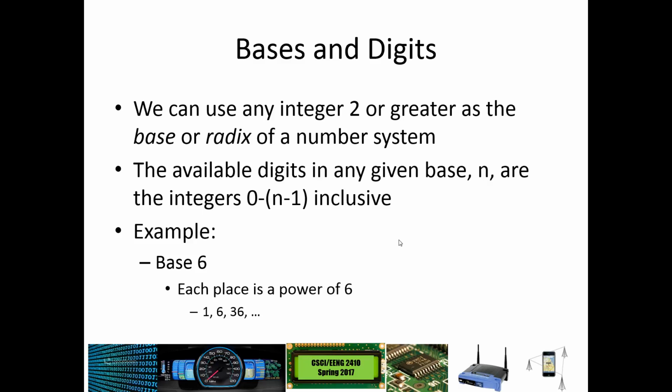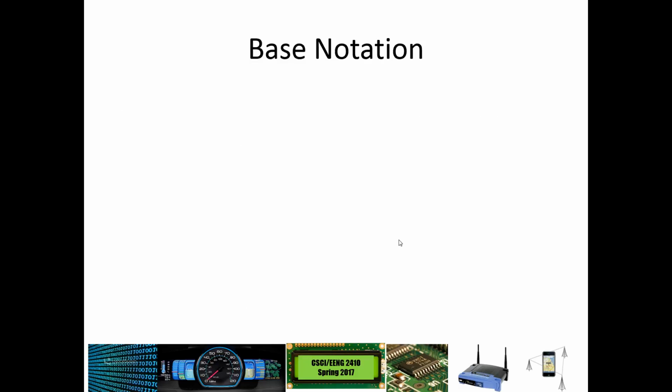So if we were operating in base 6, our first place to the left of the radix point would be our 6 to the 0 power, or our ones place. Then we would have our 6 to the 1, or 6's place, and 6 to the 2, 36's place, etc. And our digits that we could use, 0 through n minus 1, would be 0 through 5.